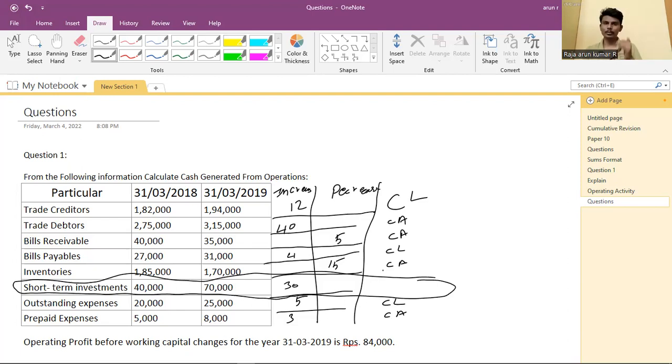For operating profit, if you get the correct answer, there are 3 marks. For investing activity, if you give the correct answer, then only you gain the 3 marks. If you put short-term investment in operating activity, your operating activity answer is wrong and your investing activity answer is also wrong. So you can lose marks easily. This is the twisted question they ask in the examination.